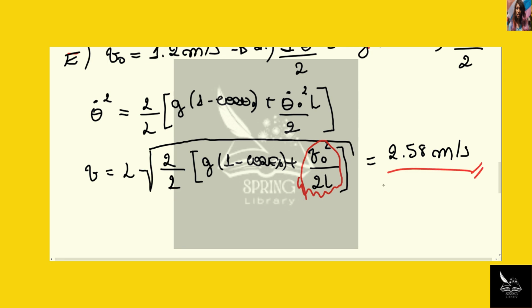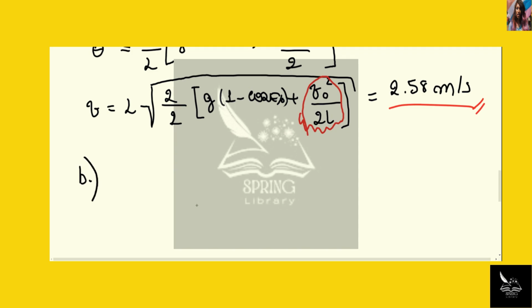Okay, so notice that this is greater than the value from question A. So when we give our ball an initial velocity, the velocity that we are going to measure at the lowest point is going to be greater than if the ball was falling from rest.